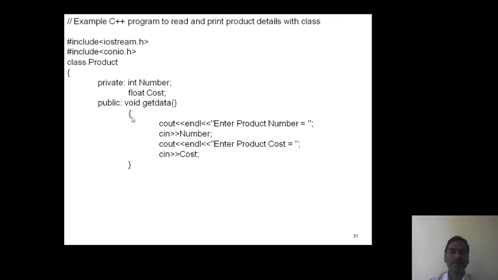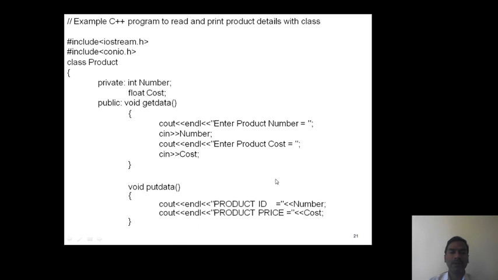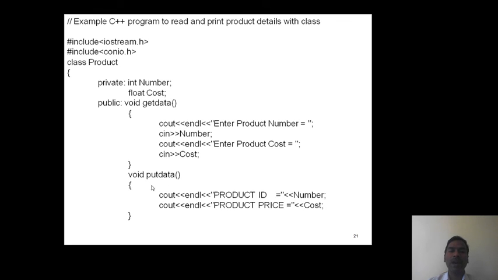Then public: void getData. Here the function definition is placed inside the class, open brace. Now we read these two values, number and cost. Another member function is void putData, designed to print the number and cost values. Now the class creation part is completed, hence it must be terminated with a semicolon.